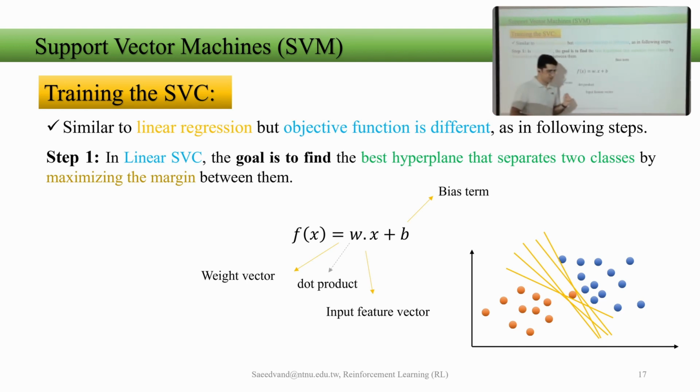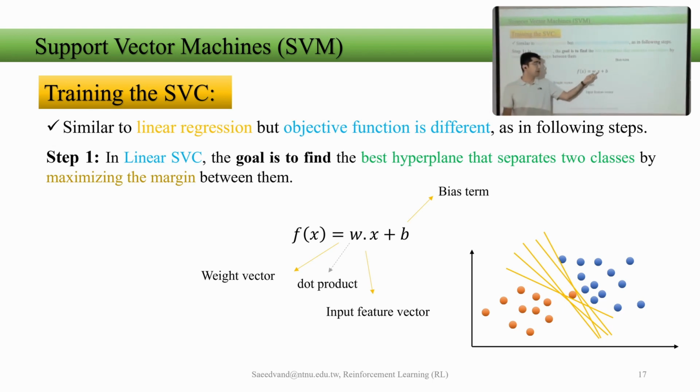So what can we write as an equation for doing this? We can write f(x) = w·x + b. This b is pretty familiar to us, it is the bias term, very similar to what we had in the regression model.